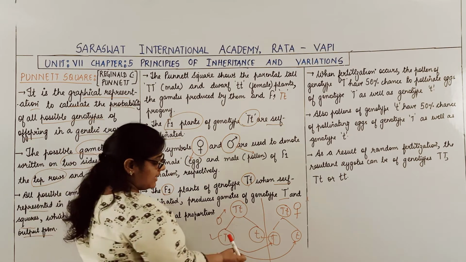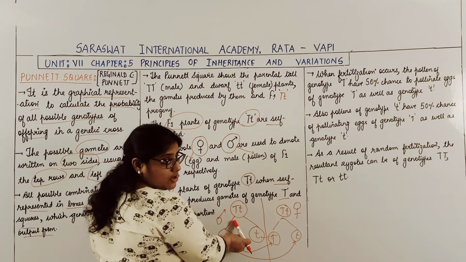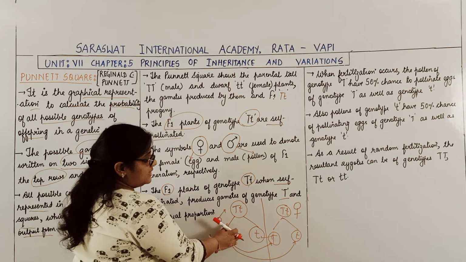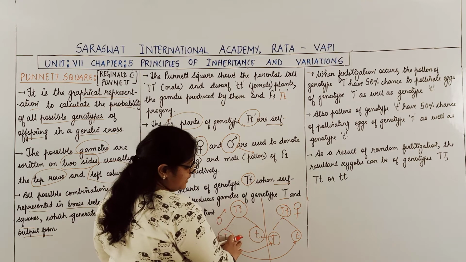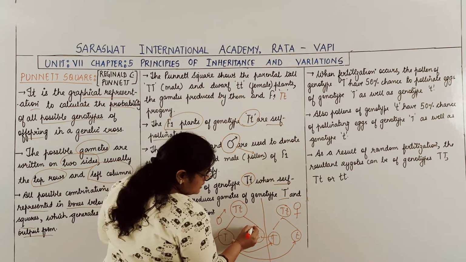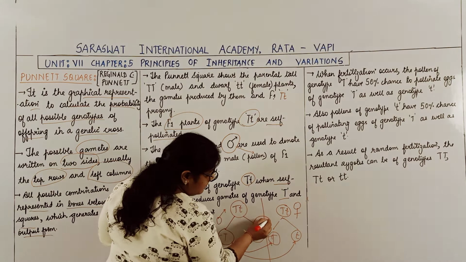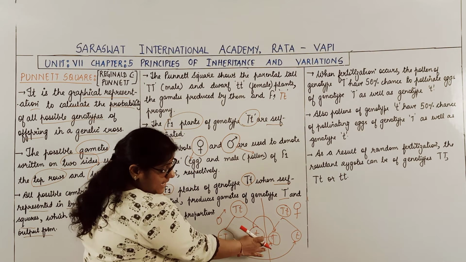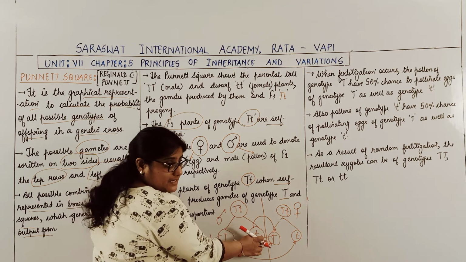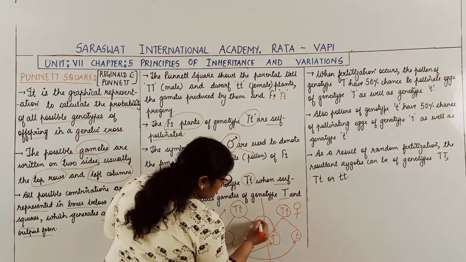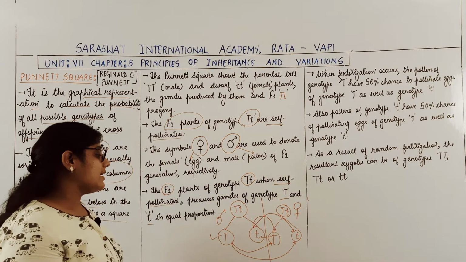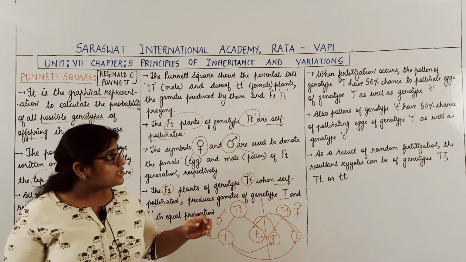Same way, now we talk about this small t pollen grain. This pollen whose genotype is small t has a 50% chance to fuse with the egg containing the genotype capital T, and a 50% chance to fuse with the egg containing the genotype small t.